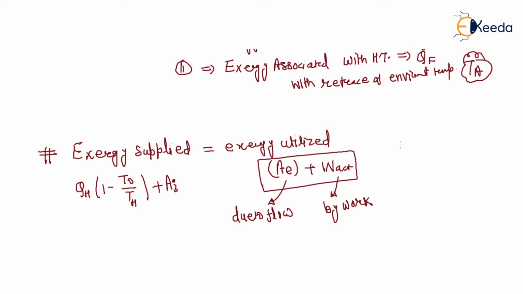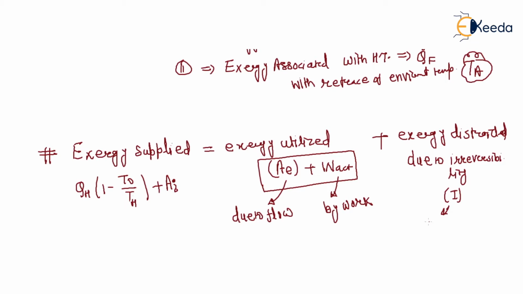So exergy supply is equal to exergy utilized plus exergy destroyed due to irreversibility I, and I is nothing, it is T0 times delta S of universe. So this is your exergy balance.